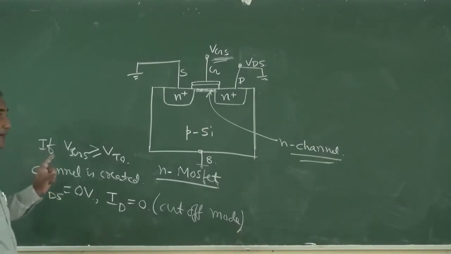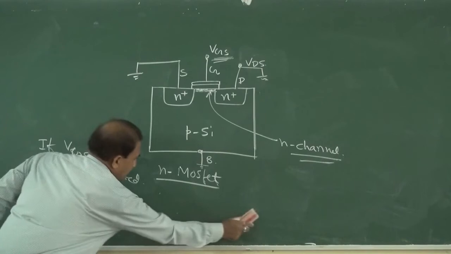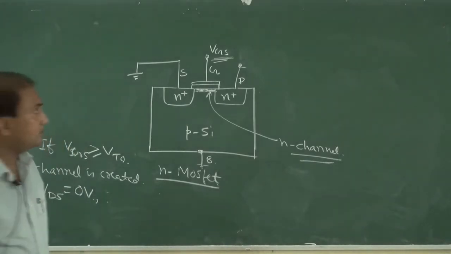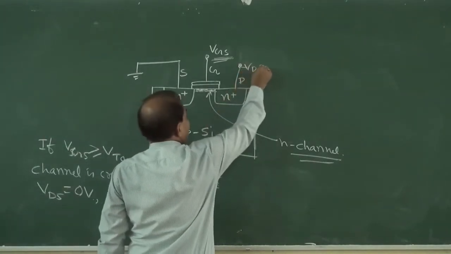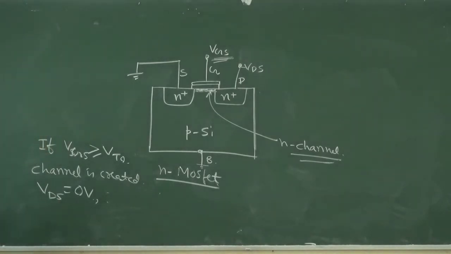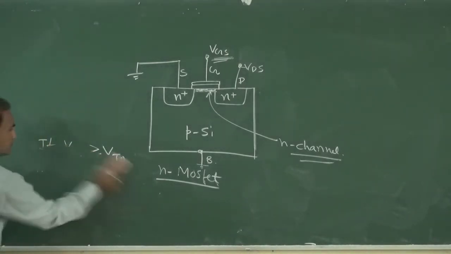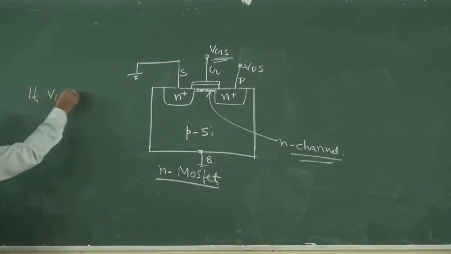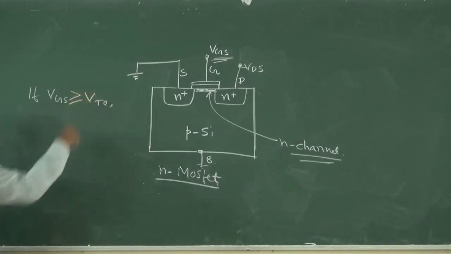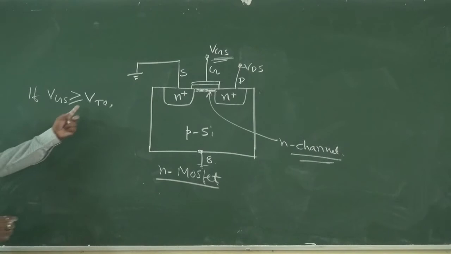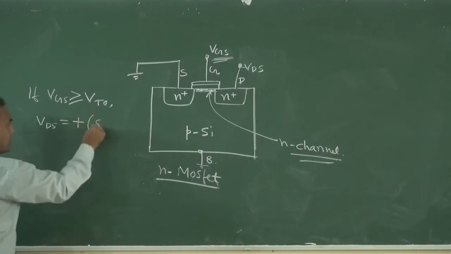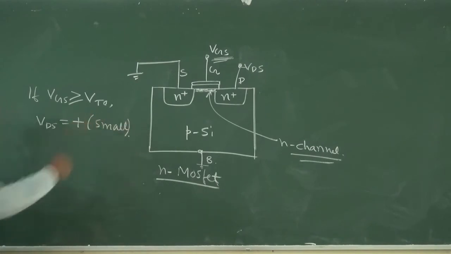Now how can current flow between the source and the drain terminal? Then we have to give some potential at the drain terminal. So suppose we give VDS some positive value. Now the second case is if VGS is greater than or equal to VT naught, that is more than the threshold voltage of this device, and VDS is a positive but small value, then what will happen?